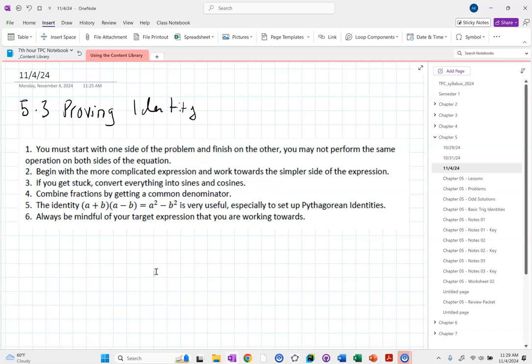It's much more intuitive to cancel things off, to take something complicated and make it simpler, than to build stuff on to take something simple and make it more complicated. We're much more practiced in mathematics at simplifying and reducing and combining like terms than we are at saying, oh, 3 is the same thing as 8 minus 5.